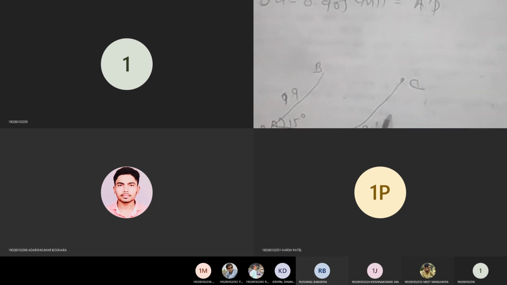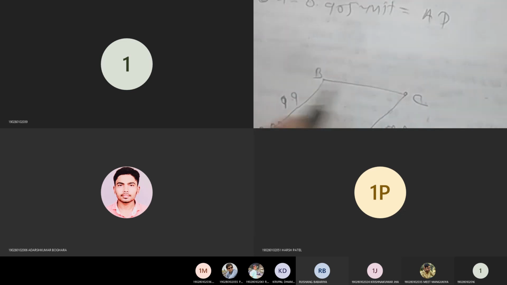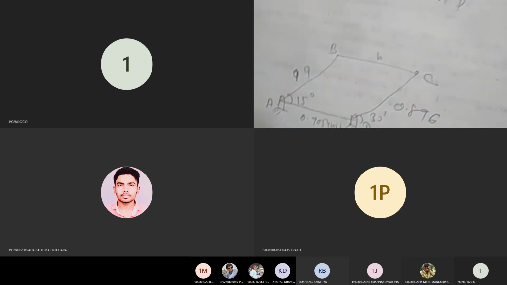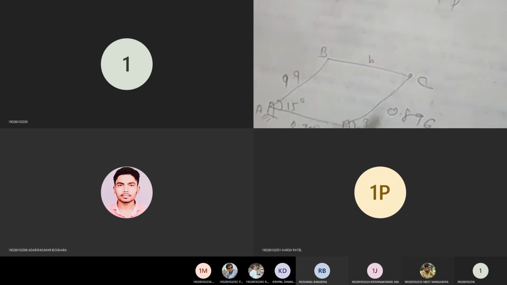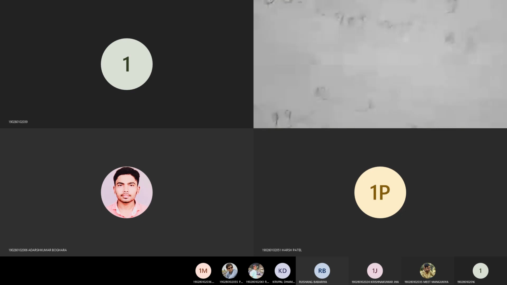So the length of this is 0.896. Join BC, where definitely BC is equal to small b. So this is small a, this is small b, this is small c, and this is small d. Okay, this is the probable forward chain mechanism as per our notation.